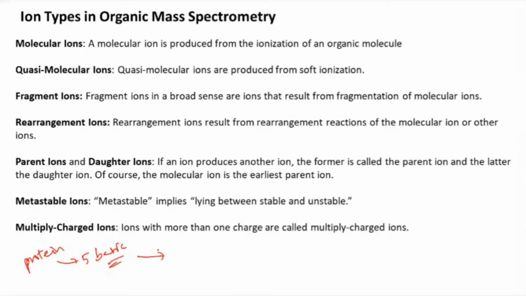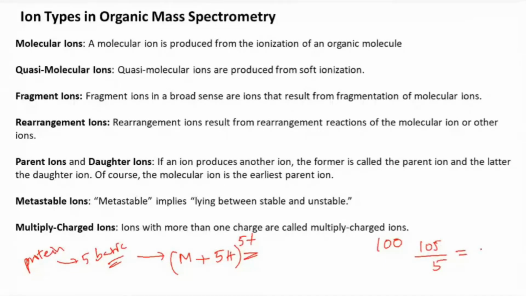So basic amino acids will pick up protons. So M plus 5 H, since 5 basic entities are there. What will be the charge? 5 plus. So if the molecular weight of a protein is 100, it will become 105 by 5.